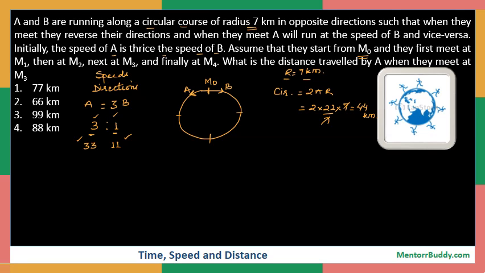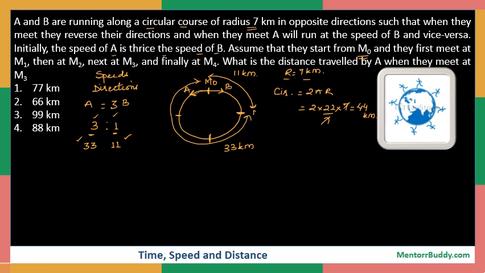Now when A starts from here, by the time B reaches this point, one segment B covers this one segment, that is from here to here. A will cover 3 segments, 1, 2 and 3. So A will cover this total distance of 33 kilometers, and B will cover the remaining distance of 11 kilometers.